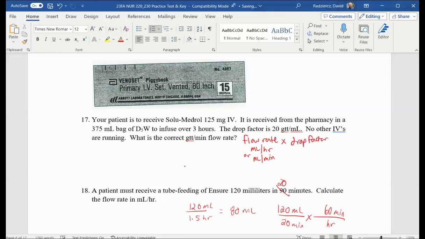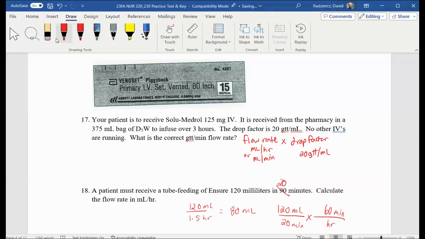At Allegheny campus, I could tell you it's always going to be given to you. It may not always be 20, which is why I'm erasing that. Sometimes it's 20, 10, 15. There's a variety, but both of those things will give you your drop rate, which is drops per minute. So the one thing you might have to do is convert hours to minutes, and you're going to have to do that for this one here.